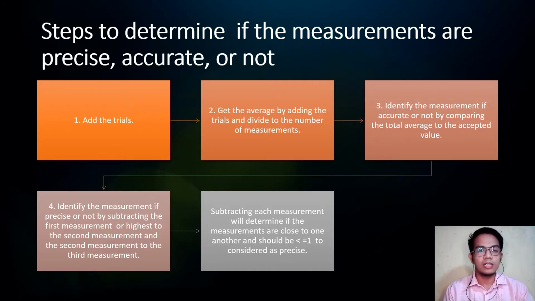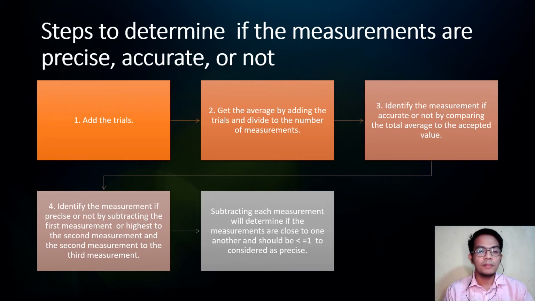So these are the steps to determine if the measurements are precise, accurate, or not. Number one, add the trials. Number two, get the average by adding the trials and dividing by the number of measurements. Three, identify the measurement as accurate or not by comparing the total average to the accepted value.